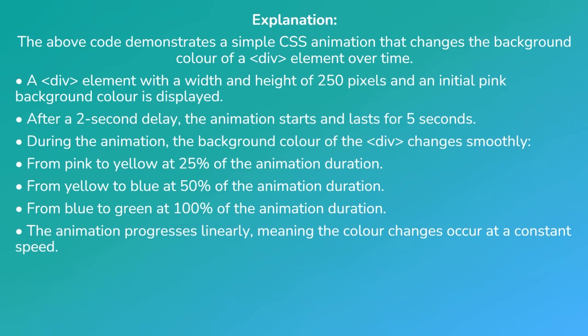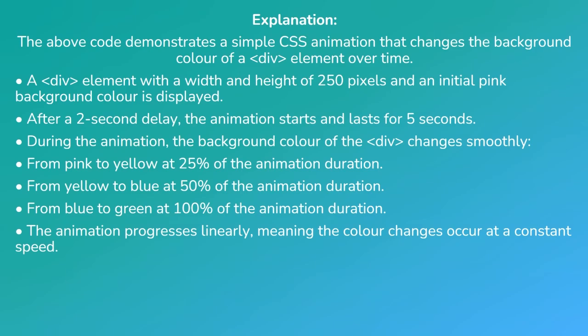Explanation. The above code demonstrates a simple CSS animation that changes the background color of an element over time. First, an element with a width and height of 250 pixels and an initial pink background color is displayed. Second, after a 2-second delay, the animation starts and lasts for 5 seconds.